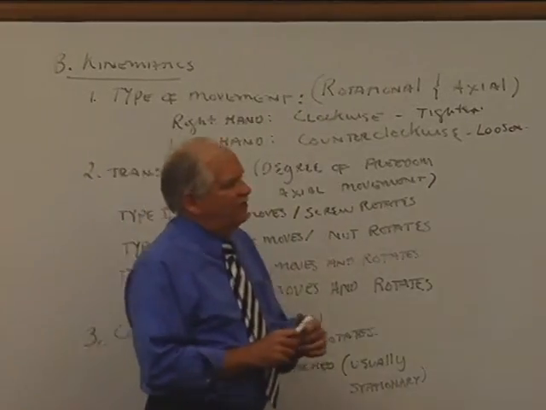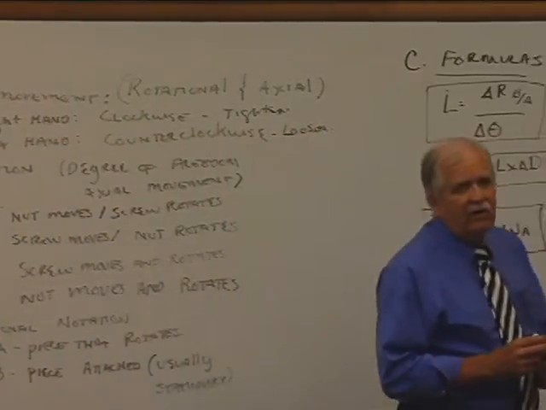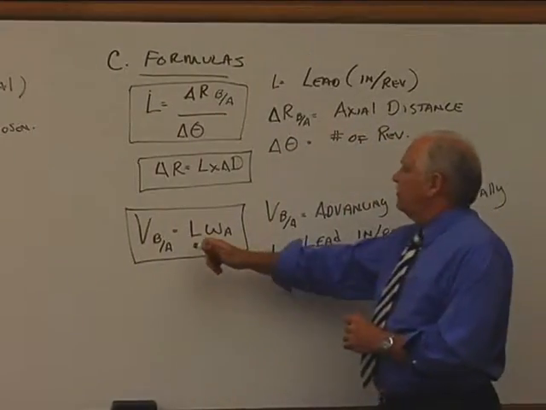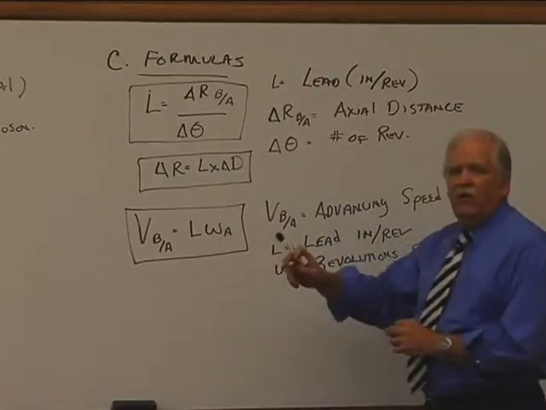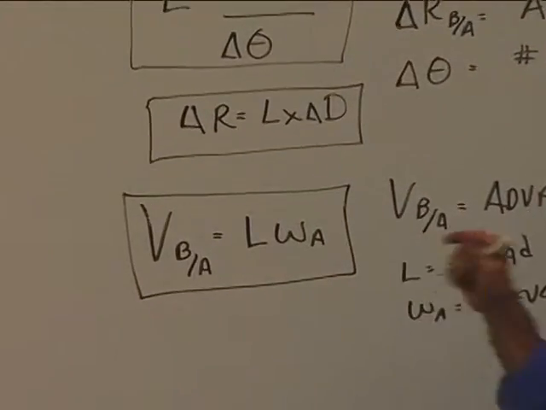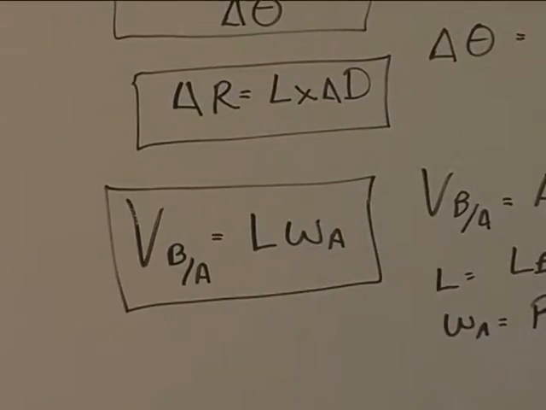Now the kinematics, basically what we're trying to do, again, is to find out what the velocity is going to be of the thread axially, in other words, how fast it moves along its axis.